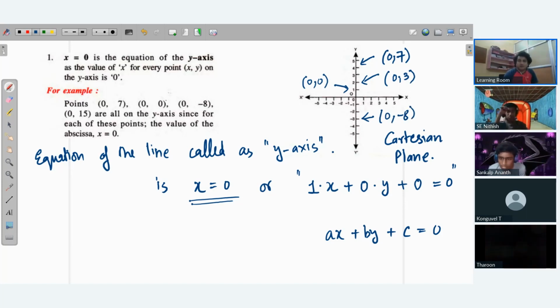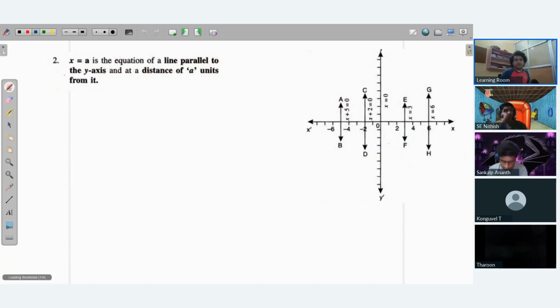So whenever I have an ordered pair whose x coordinate is 0, it is automatically going to fall on the y-axis line. That's why we call x equal to 0, or 1 into x plus 0y plus 0 equal to 0, the equation of the line called the y-axis. Understandable? Okay. Next.